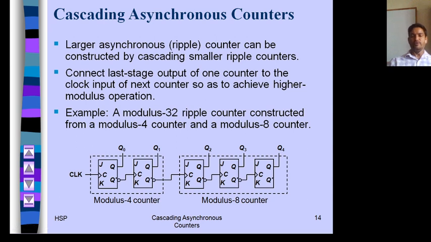You have to remember, if a mod m counter is connected to the clock input of a mod n asynchronous counter, overall we will get an m into n modulus counter. In this, all JK inputs are high.